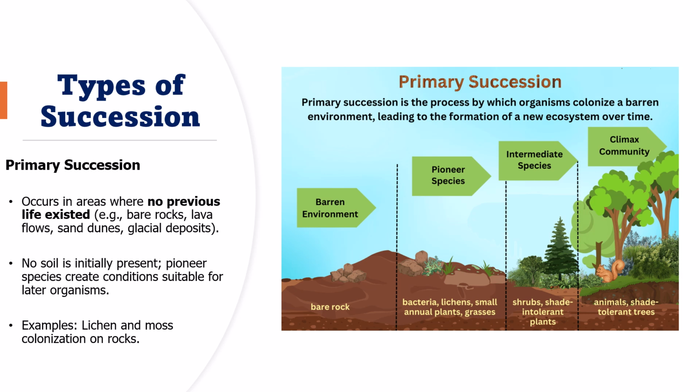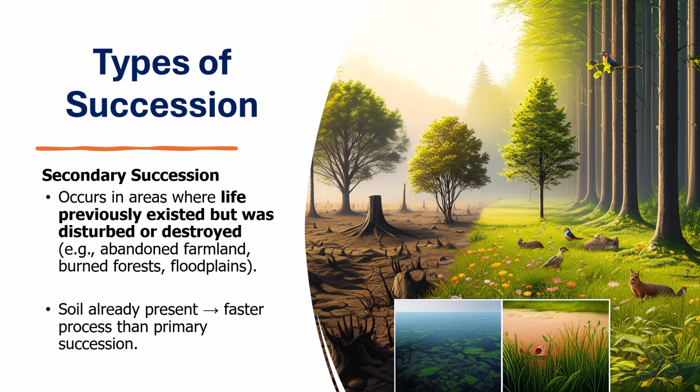On the other hand, secondary succession happens in areas where life previously existed but was disrupted or destroyed due to events like forest fire, floods, deforestation, or abandonment of farmland. Unlike primary succession, soil is already present, so recovery is fast.